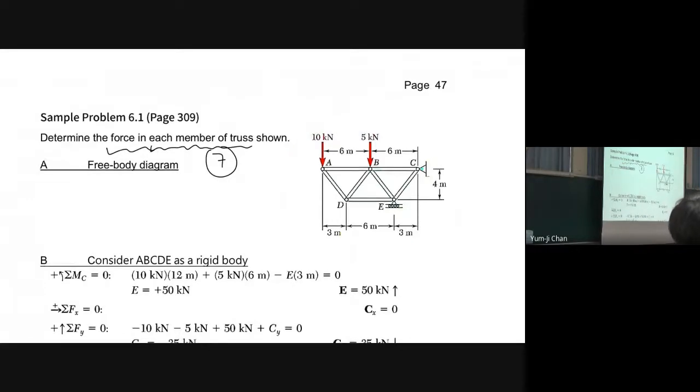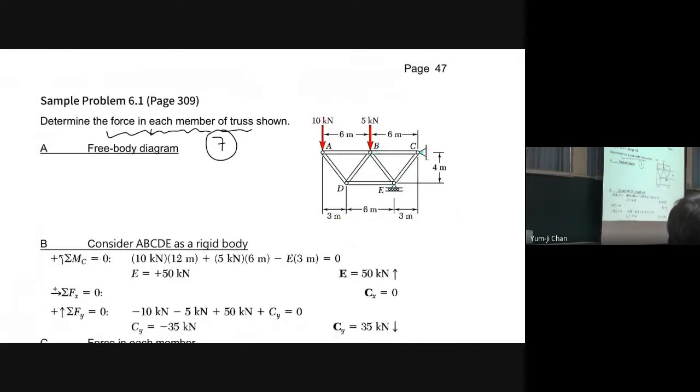The first step is to determine the support forces, and we have a pin joint here and a roller joint here.